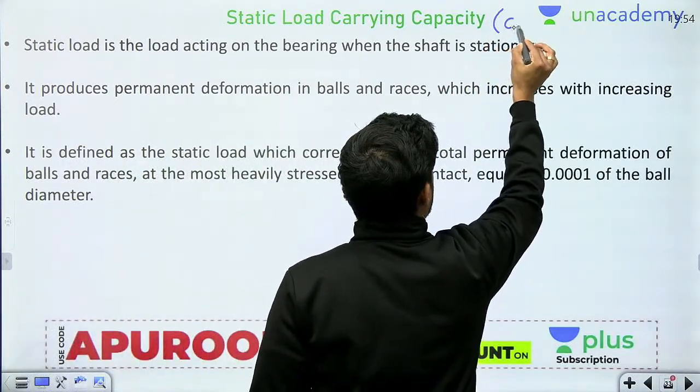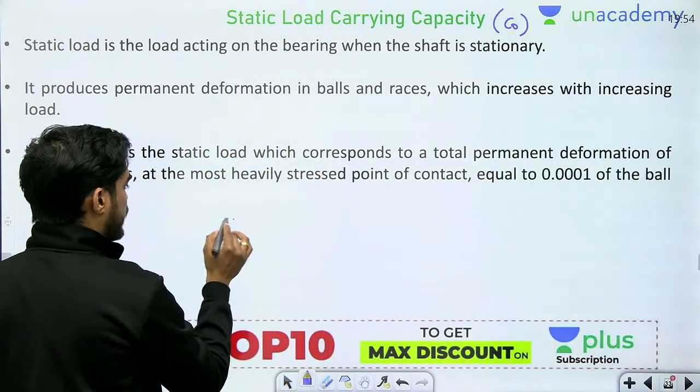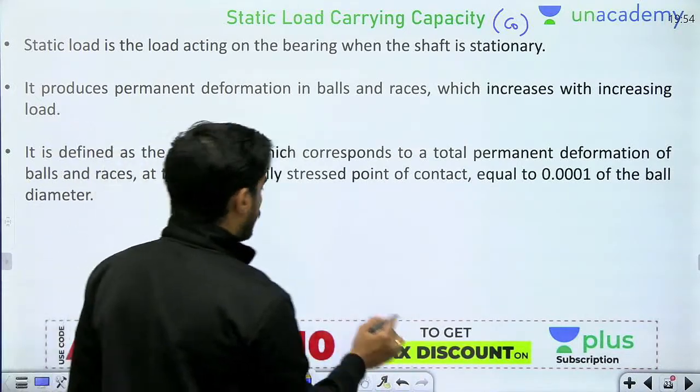We denote it by C naught, and how is it calculated? It is calculated using this equation.